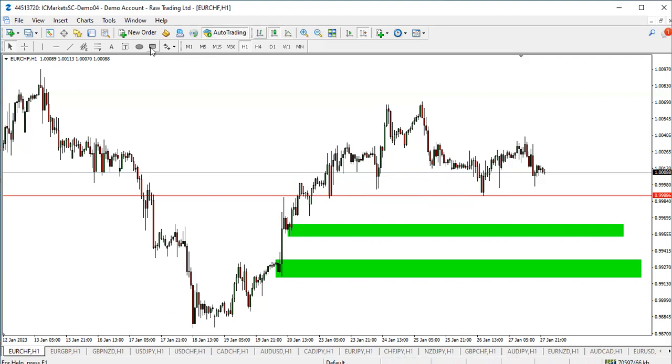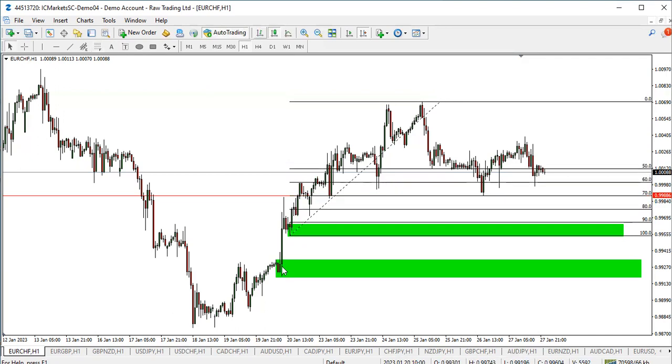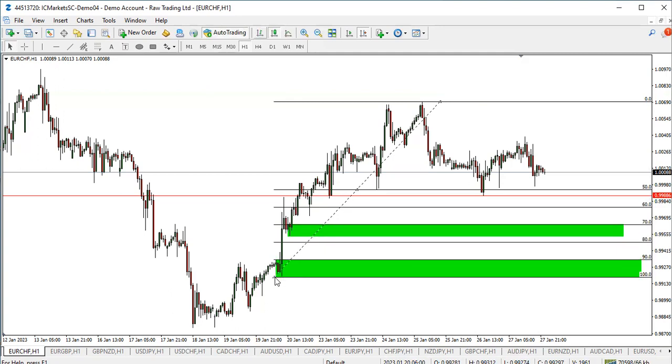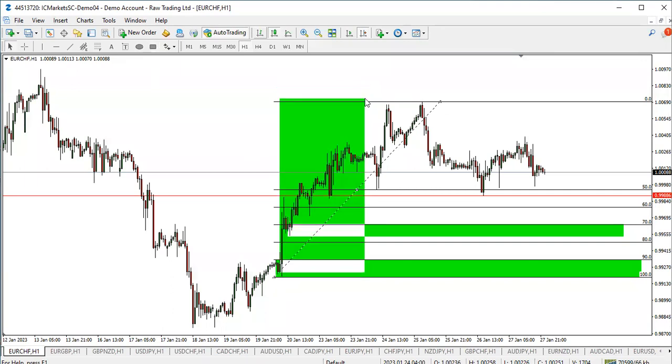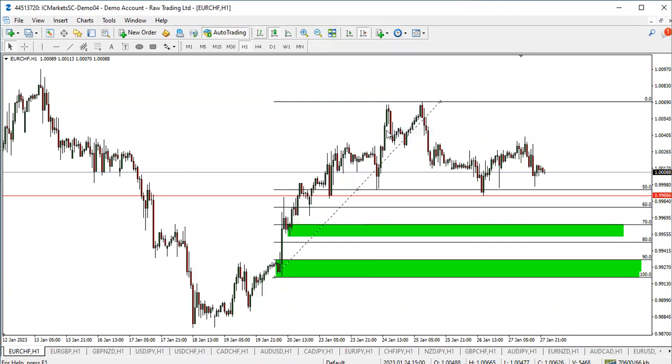For example, look at this here. A retail trader, looking at this, sees this as a bullish move, from here to here. The way the retail trader's mind works is somewhat one-dimensional.